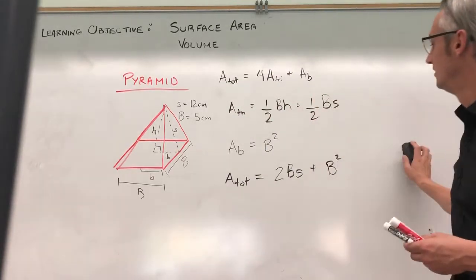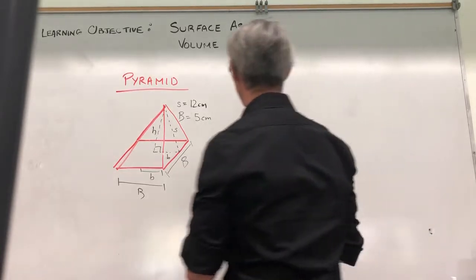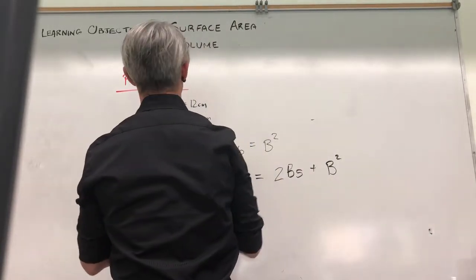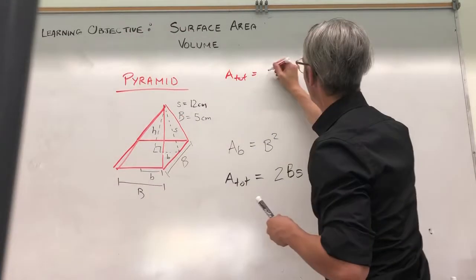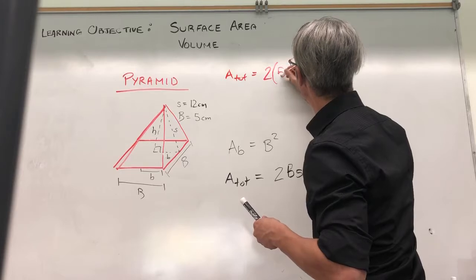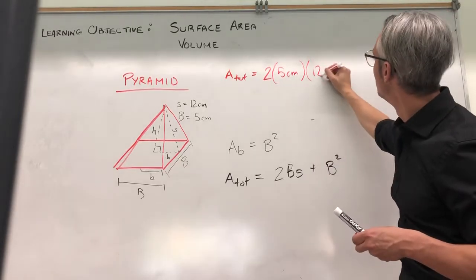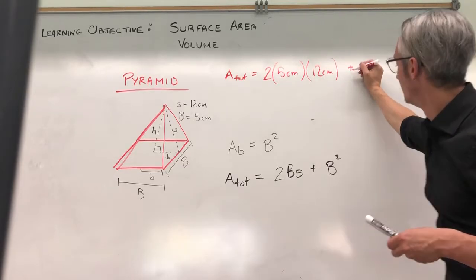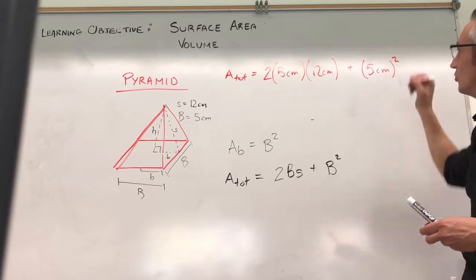Total area is 2 times 5 centimeters times the side, which is 12 centimeters, plus 5 centimeters squared.